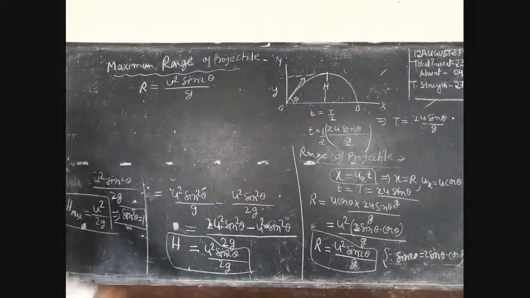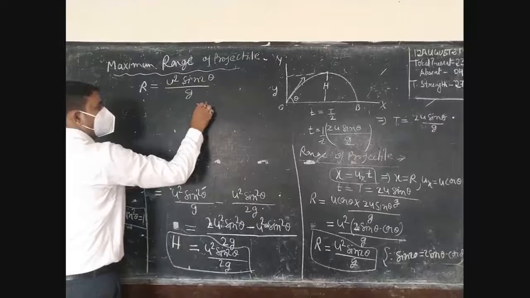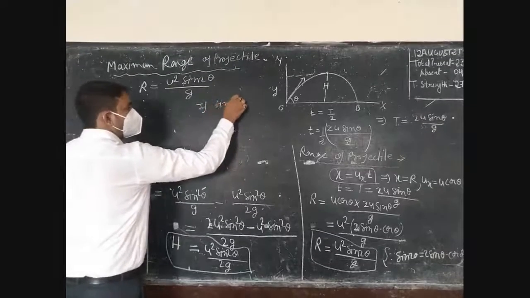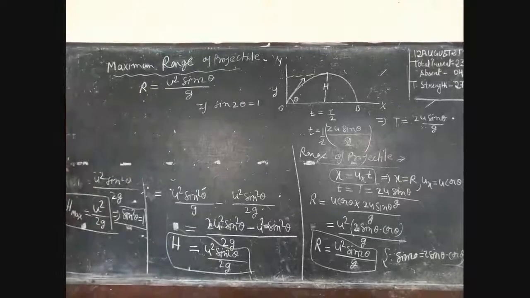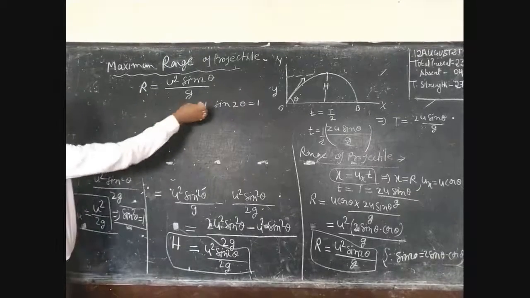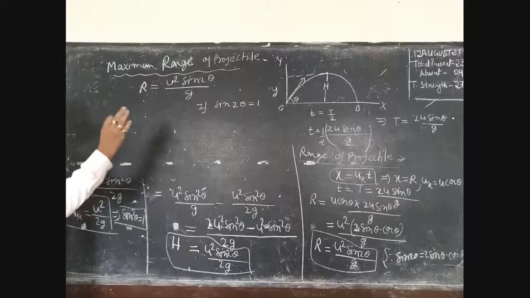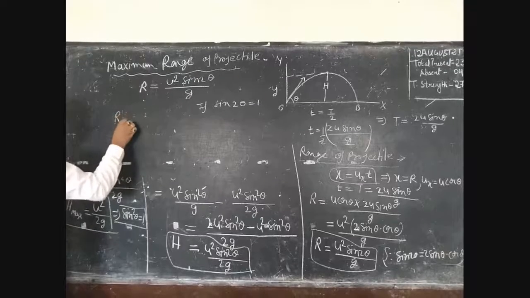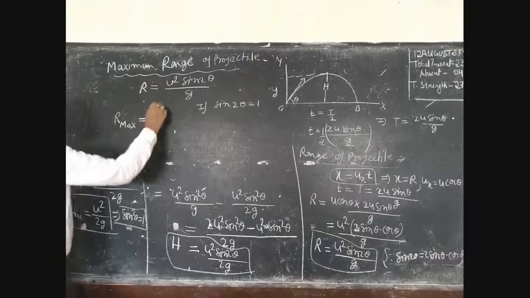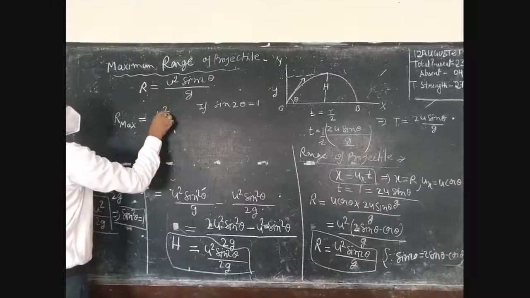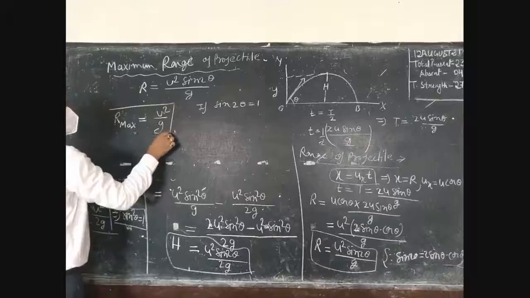Okay. If this sin 2 theta is equal to 1, then the projectile reaches the maximum horizontal distance, which is called R maximum, and is equal to u square upon g.